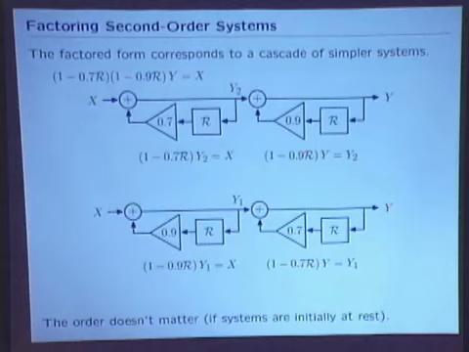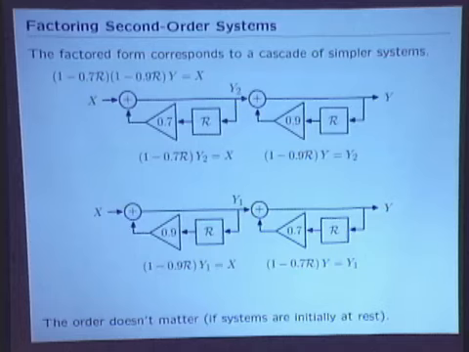Each corresponds to factoring, and it corresponds to doing which factor first. So in the first realization, it says to generate an intermediate signal by thinking about the factor that has a base of 0.7, then cascade that with another system that looks just like a canonical first order system, except that the base now is 0.9.